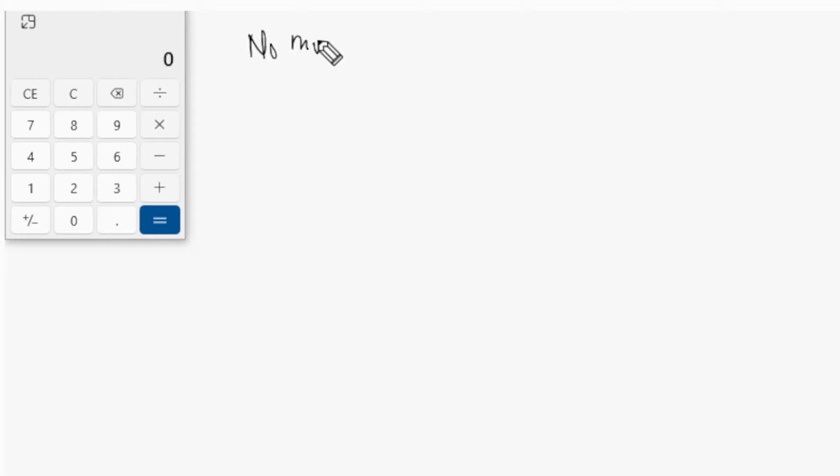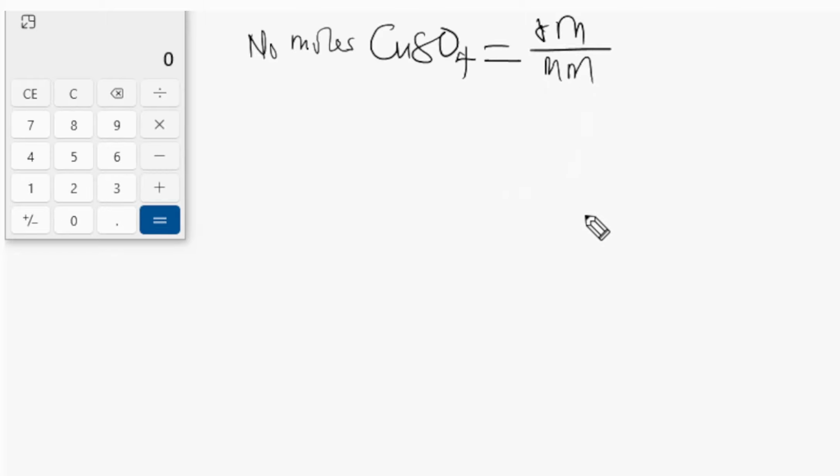Number of moles of CuSO4, that's copper 2 tetraoxosulfate 6. So this will be reactant mass, let's indicate this as Rm, over the molecular mass, let's indicate it as mm.